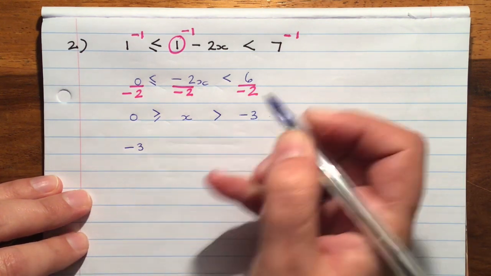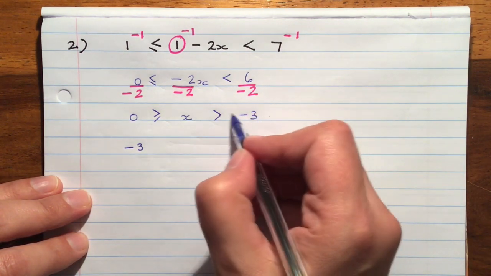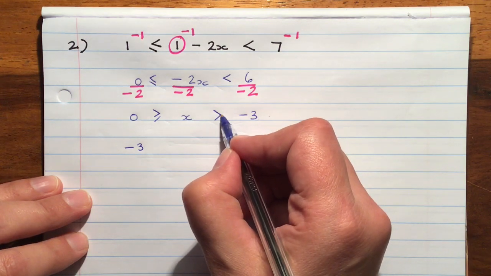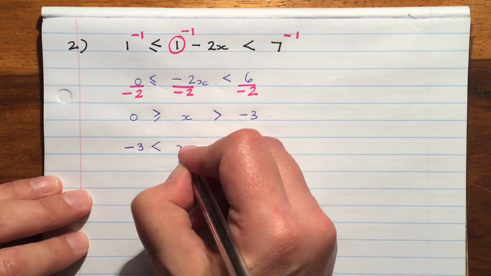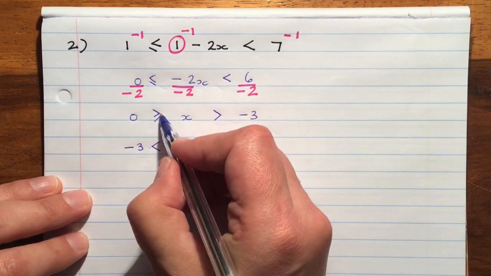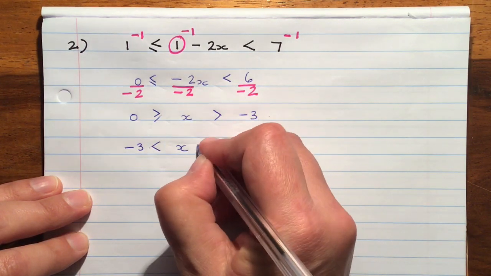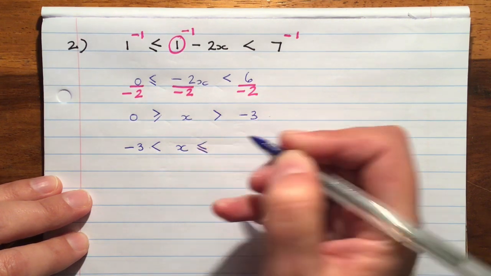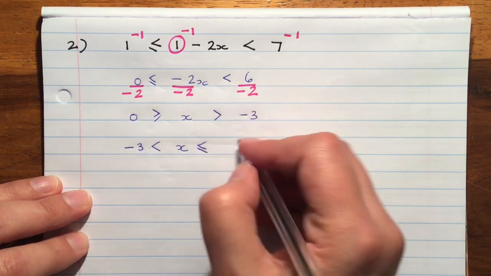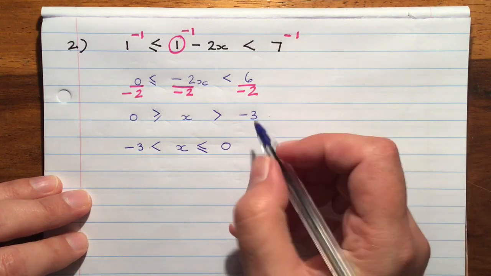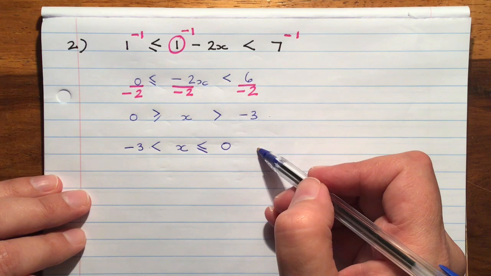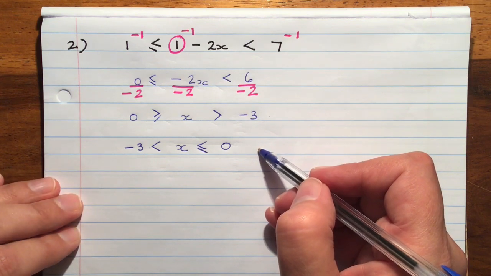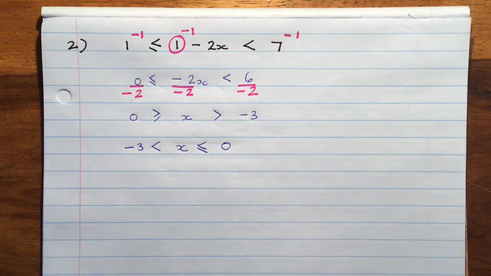Negative 3, because it's a mirror image, the pointy side of the inequality should still be facing the negative 3, then the x, then the pointy side still facing the x of the less than or equal to inequality sign, and then the 0. You don't have to do the step if you feel uncomfortable doing it, but it does help you to set up the idea better for your number line. All right, so let's get to that number line.